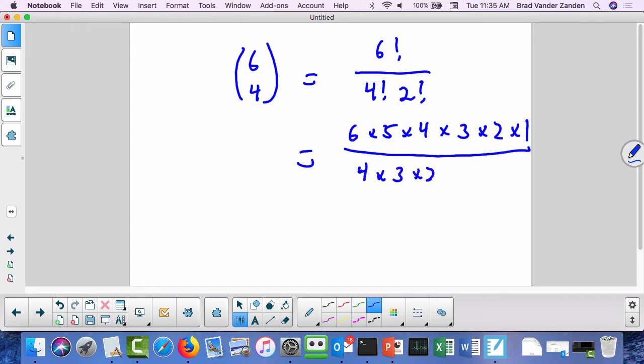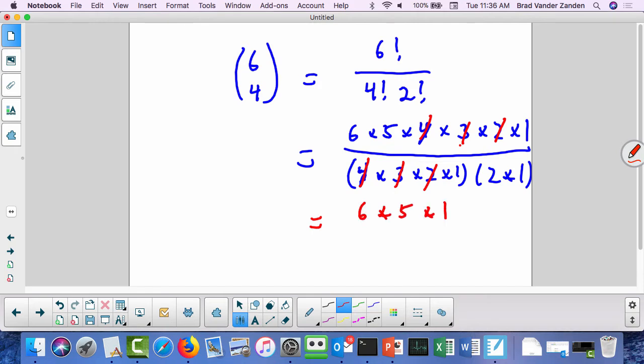And now you can do cancellation. This 4 and this 4 cancel. This 3 and this 3 cancel. This 2 and this 2 cancel, giving us essentially 6 times 5 times 1 over 2 times 1 times 1. Of course, the 1s are unimportant. And now you can calculate this as 15.